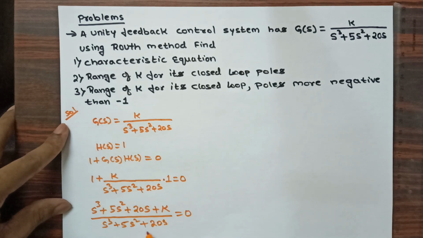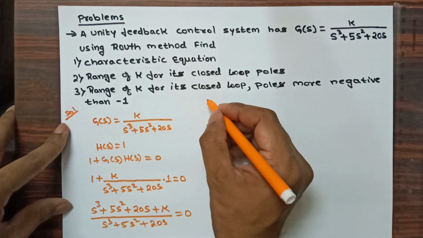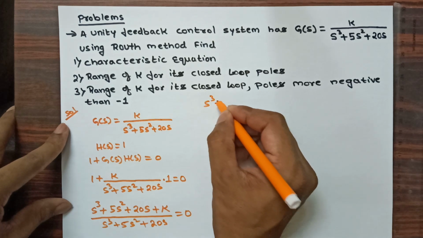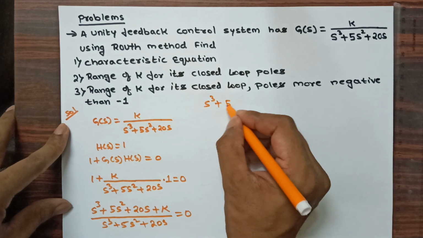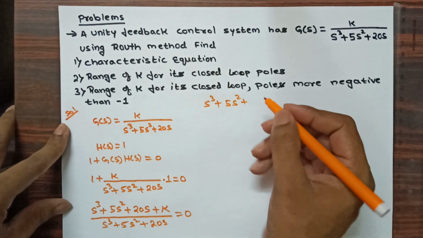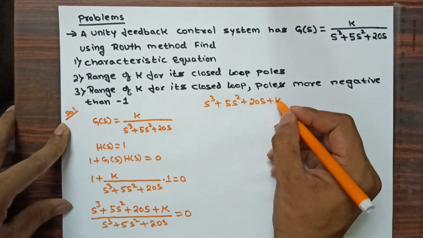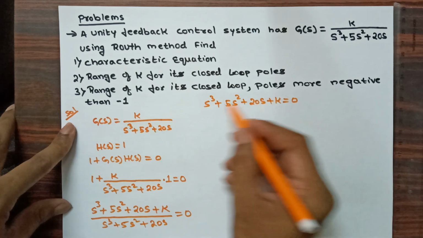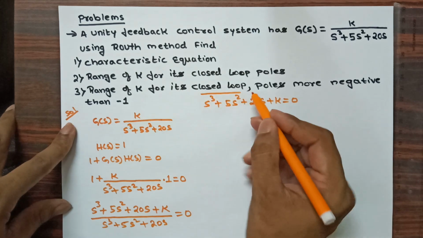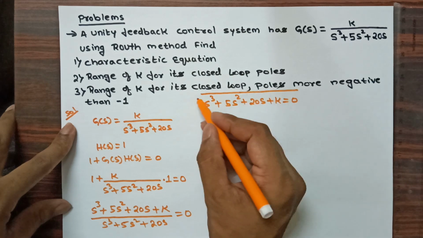Now this denominator term goes to the right hand side, it becomes 0. Now we are getting the characteristic equation s^3 + 5s^2 + 20s + K = 0. This is the solution for the first question, that is the characteristic equation.